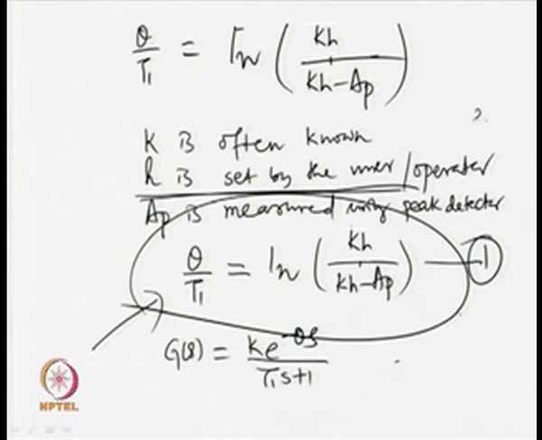Similarly, further expressions can be developed using state space between T1 and theta and other parameters like our ultimate period that we measure from the output waveform.